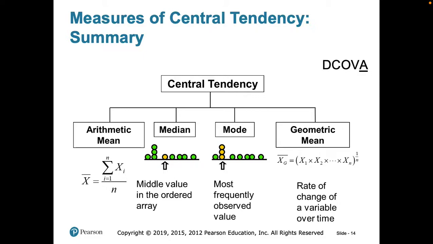Mode is the value that shows up most frequently in your observations. You can have 1, you can have more than 1, or you can have 0. And then you have your geometric mean, which is your rate of change for a variable over a period of time. So you need to know which one to use based on what you're trying to achieve.